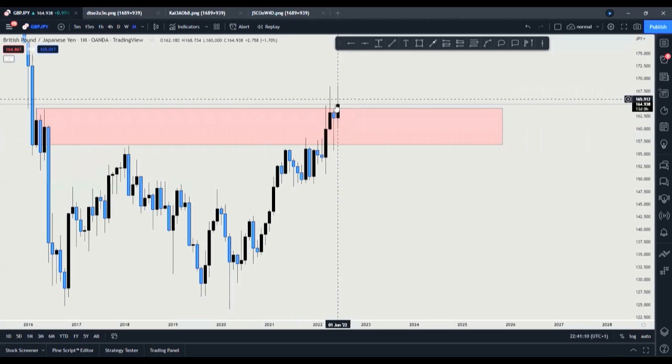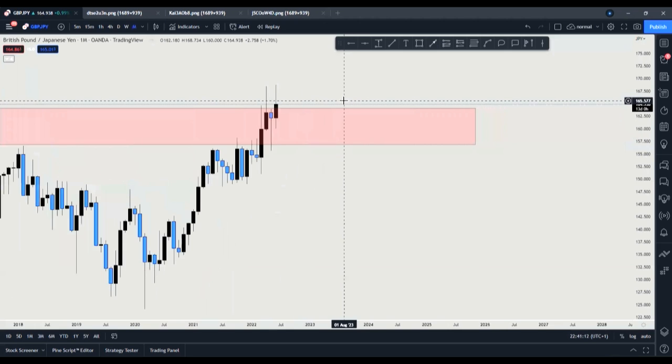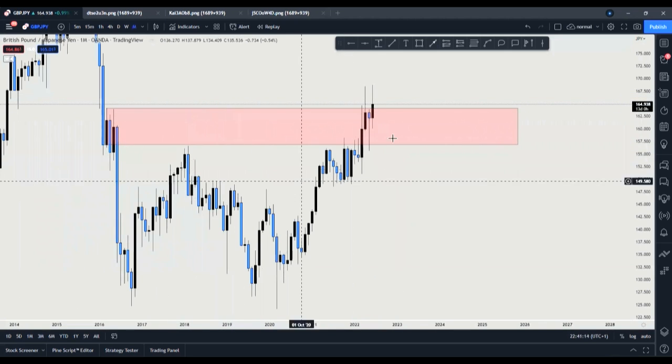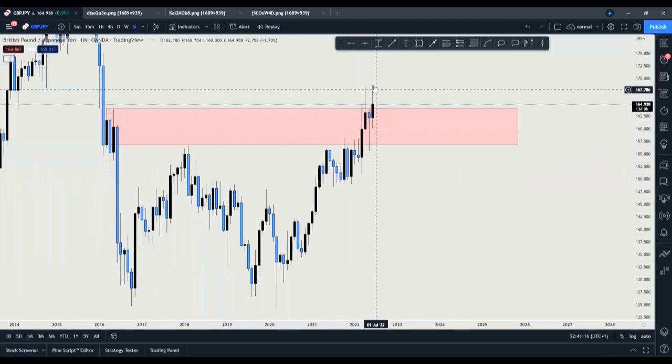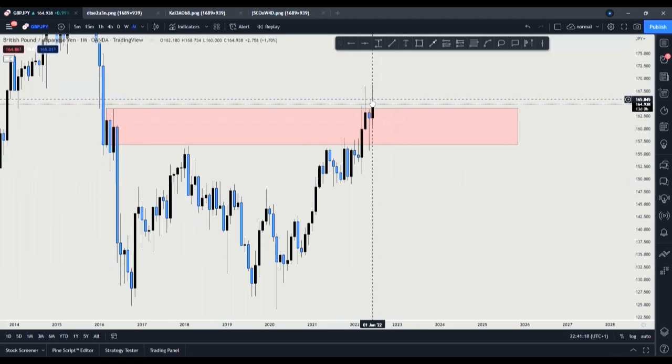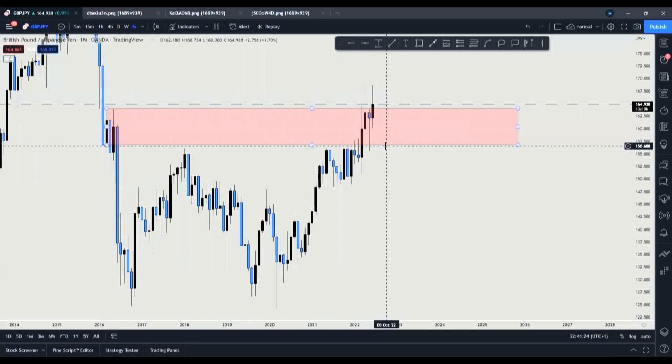So we didn't change our bias yet, since we didn't close outside of the range. Now it's Friday. Price is closing here, but we have about two weeks to trade and see if this level will close inside the range or outside the range.